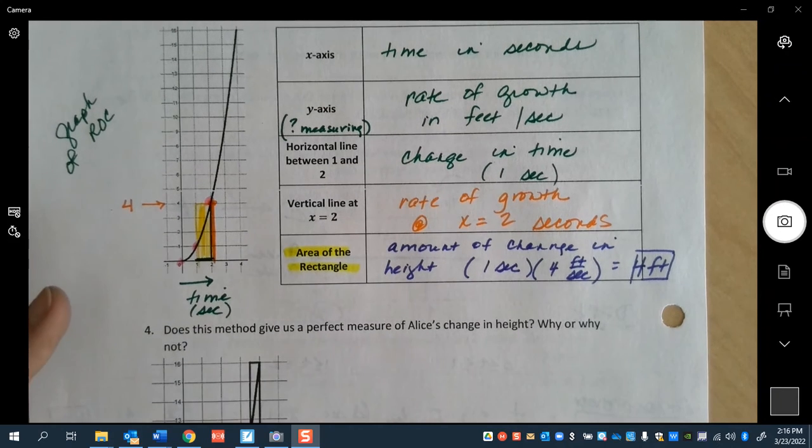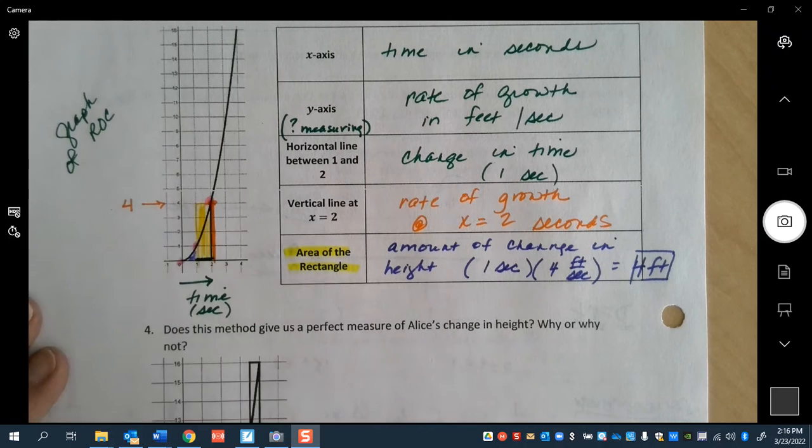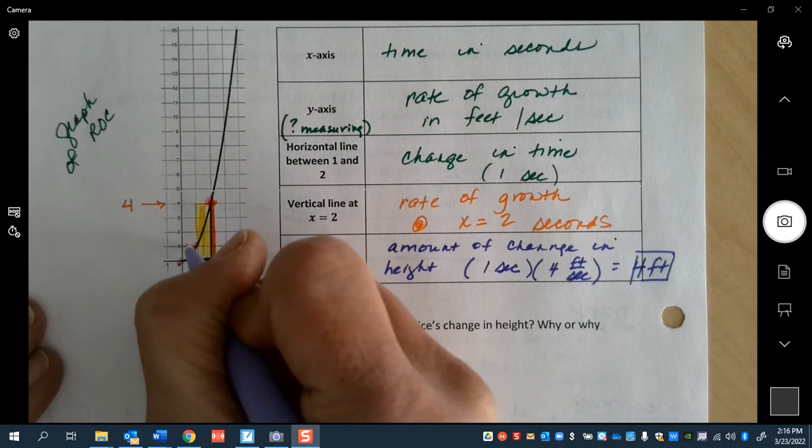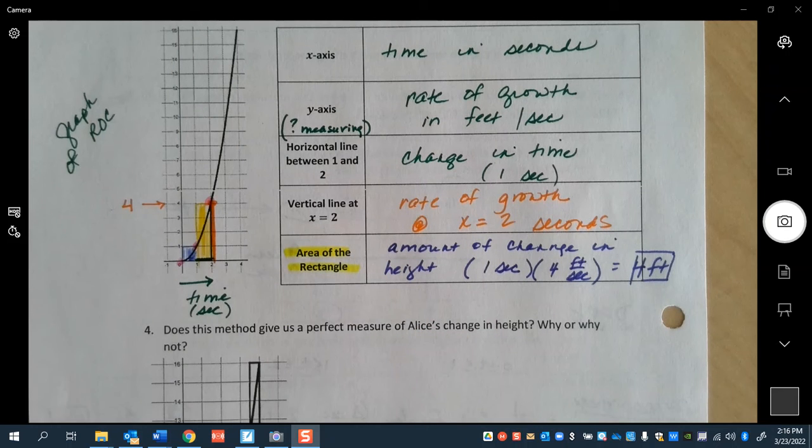Now I got to tell you something. Check this part out. When we look at this, and we look at this rectangle, that is how much she changed during that first section. What's 1 times 1?